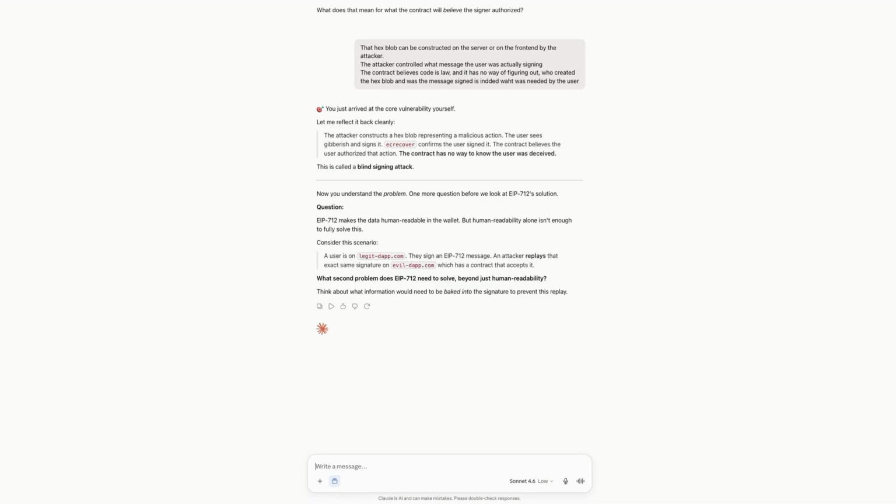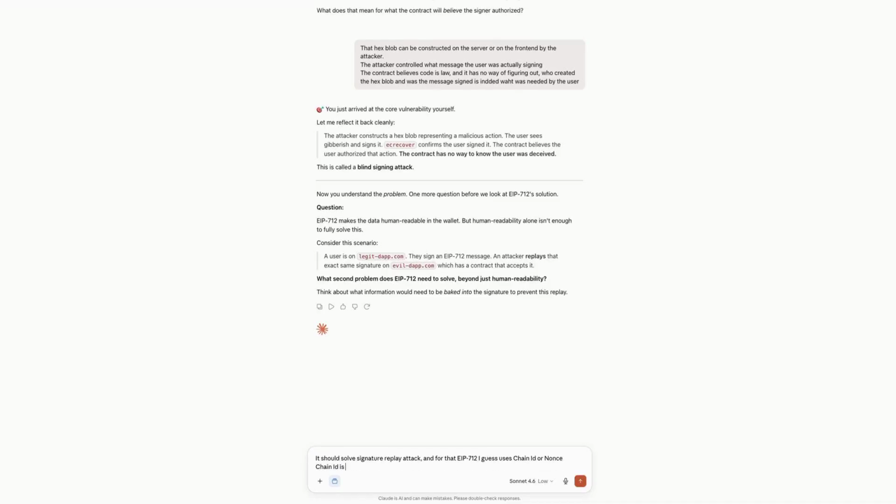I think I know this answer. It should solve the signature replay attack. And for that, EIP-712, I guess, uses chain ID or nonce.